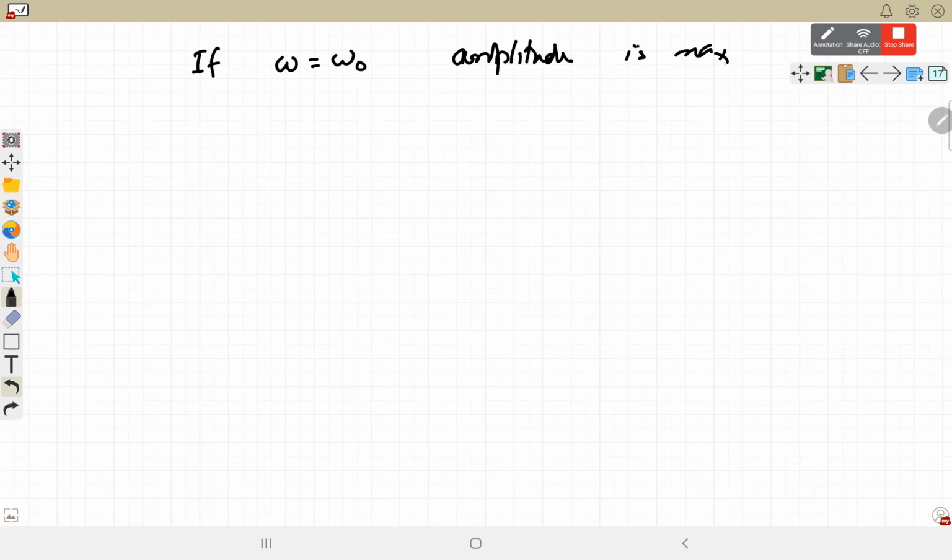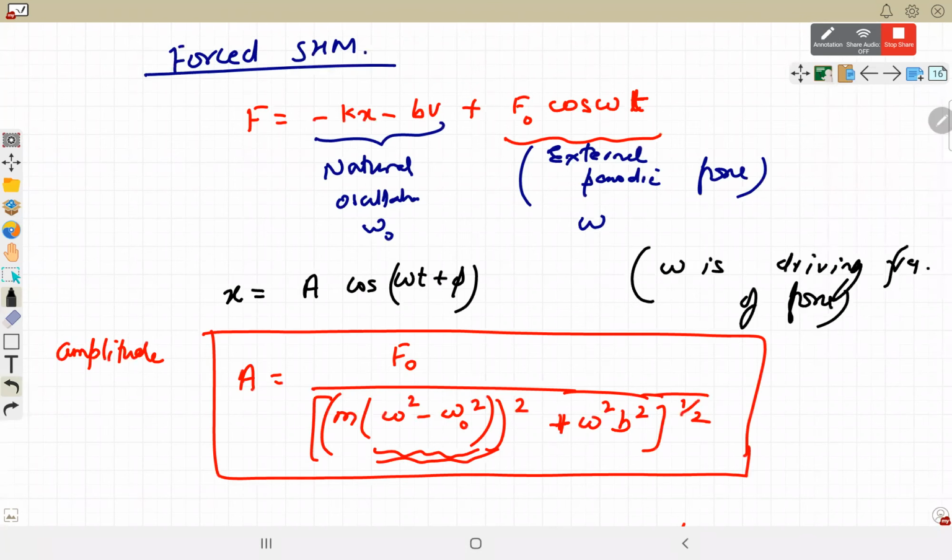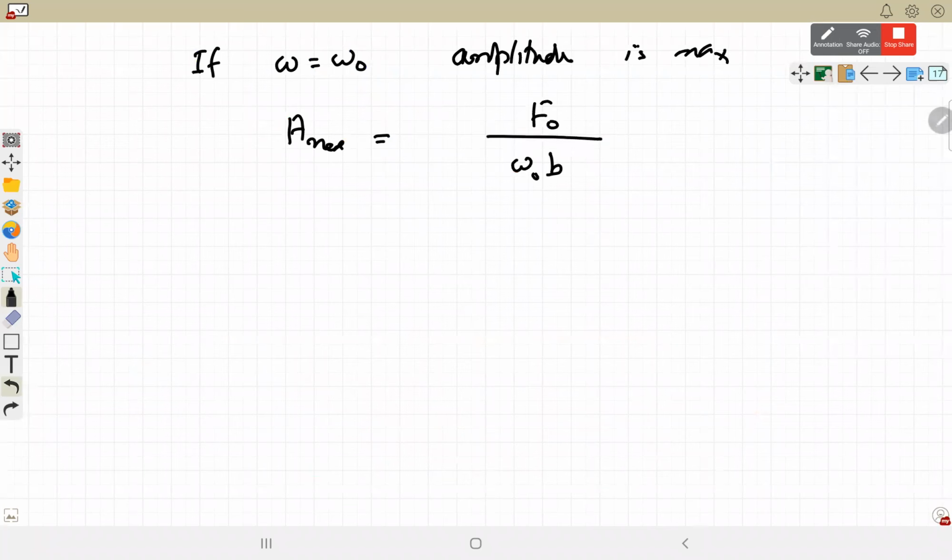So the amplitude is maximized, and that maximum amplitude will become F naught divided by omega naught b, because these will be equal, so they will get cancelled out. Max amplitude is F naught.